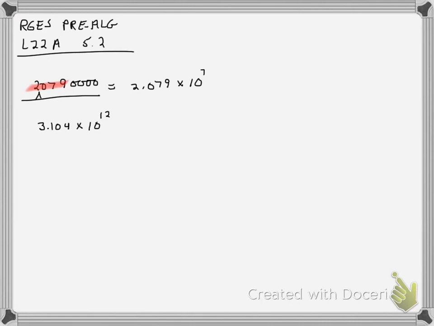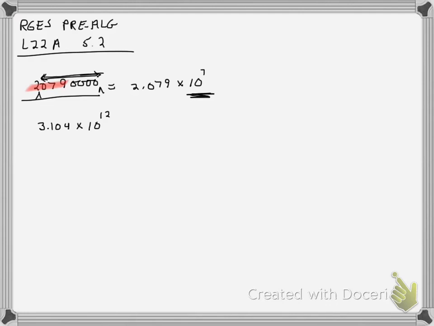So this will become 2.079, and now we count up the total number of digits that we've moved to the left from where the number starts. So this total number is 367, and that's where we get 10 to the 7th.